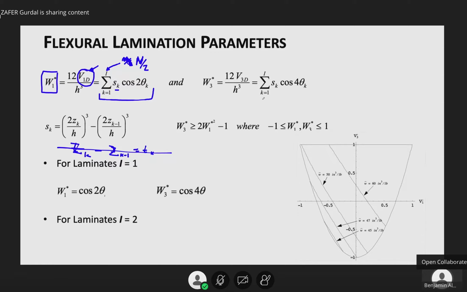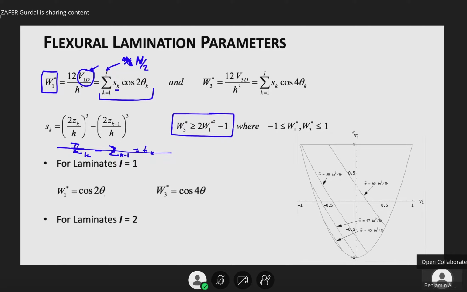Now, it turns out that the geometric relationship between W1 and W3 holds, that we have an expression that W3 star must be greater than or equal to 2 times W1 star squared minus 1, where both W1 and W3 stars are in the range from minus 1 to 1.